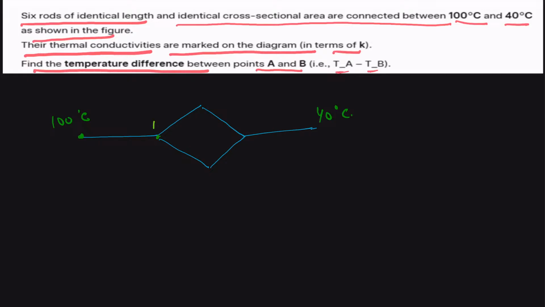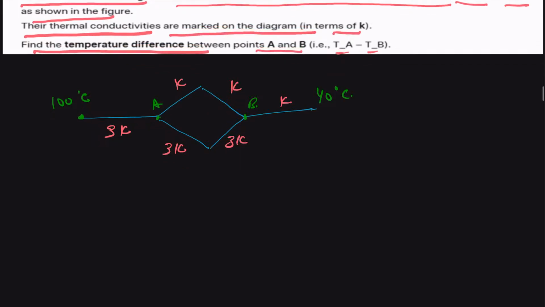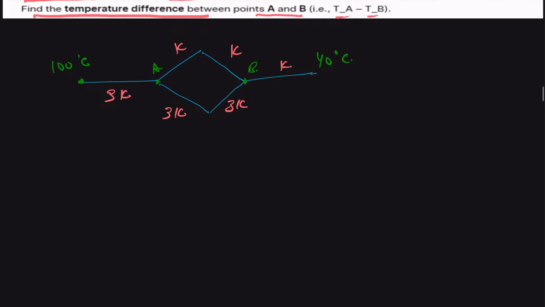This point is given as A, this point is given as B, and the conductivities are 3K, K, K, 3K, 3K and K. So we can find out the equivalent thermal resistances for each part. Let us call this our A prime, this point B prime, and this is C, and this is our C prime.